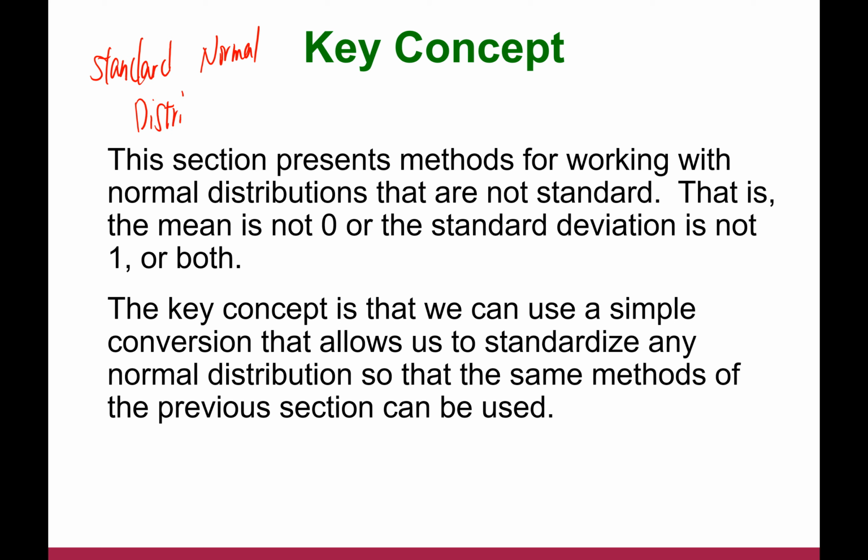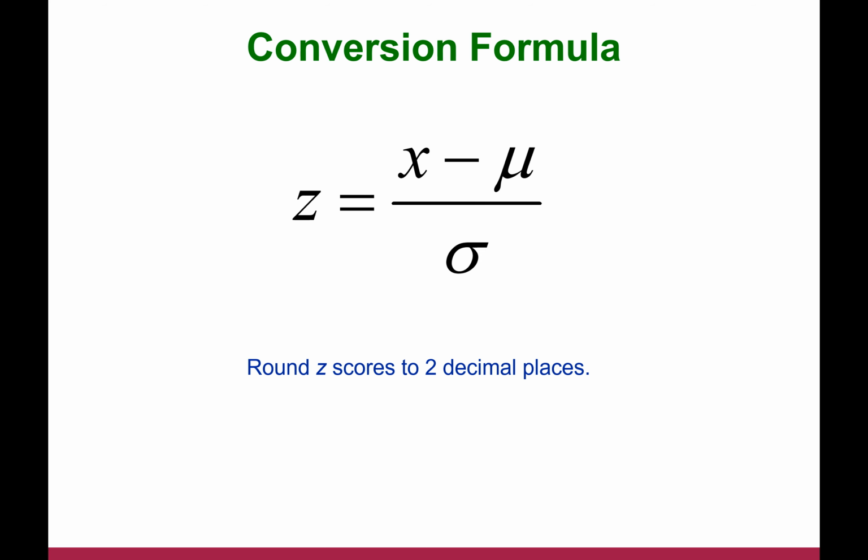So now we're going to deal with normal distributions where the mean is not 0 or the standard deviation is not 1, or both. The key thing here is we're going to use a simple conversion that allows us to standardize any normal distribution so that the same method of the previous section could be used.